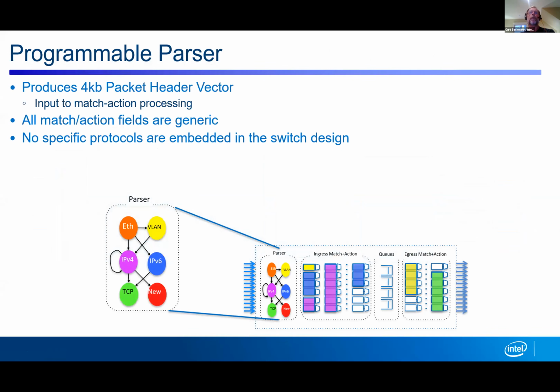So the programmable parser, as we talked about already, it carves up those headers. Most of our users really are doing Ethernet and typically IP on top of Ethernet. But sometimes once you get past IP, then they start doing more creative things. You could do MPLS, which I suppose is actually in the layer between Ethernet and IP, for example. So all these match action fields are quite generic.